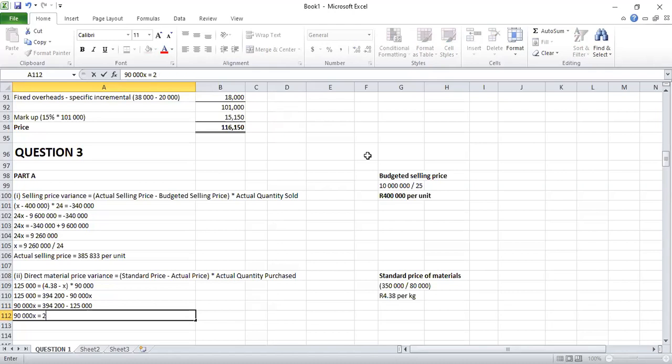269,200. Then our X would be equal to 269,200 divided by 90,000. Which is equal to what? 2.99.